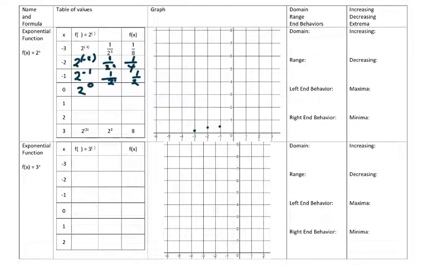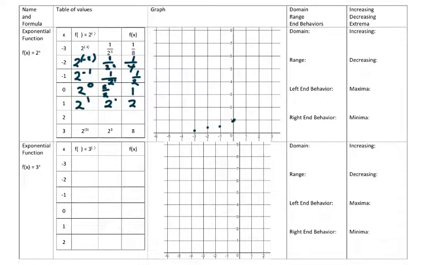2 to the 0. Let's say you completely forgot your negative rules, but notice the pattern here, we're just doubling each time. So what this means is that, in a sense, it's like 2 divided by 2, which is just going to be 1. So at 0, it has a point of 1, a y-intercept of 1. 2 to the first is just 2.